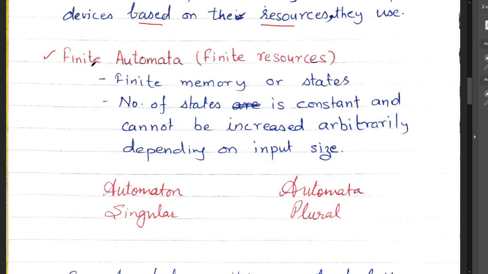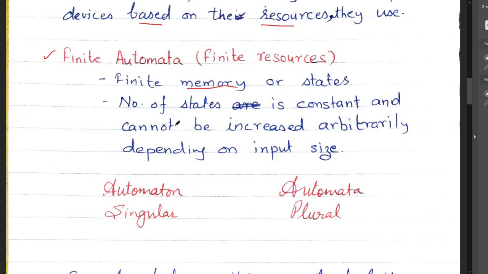By automata, we mean a machine, and then we talk about finite. So finite actually refers to a finite number of resources, and in fact this resource is nothing but memory. So we say that it requires finite memory or a finite number of states, which ultimately means that the number of states cannot be increased arbitrarily, or it cannot depend upon the number of inputs or the input size.